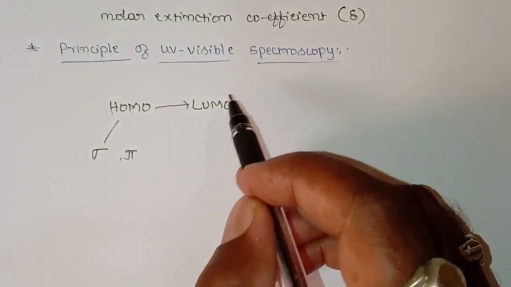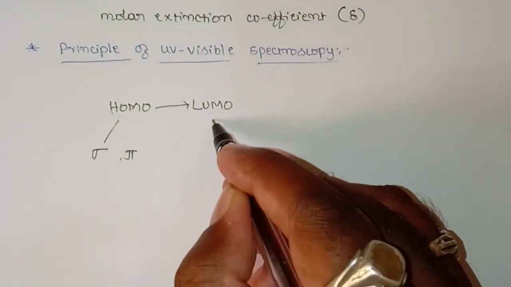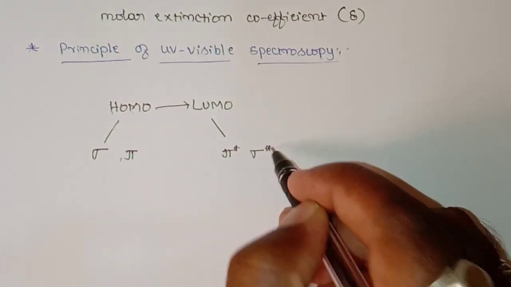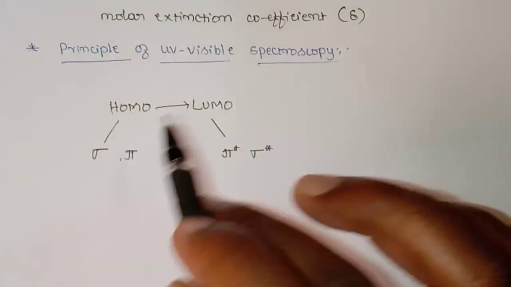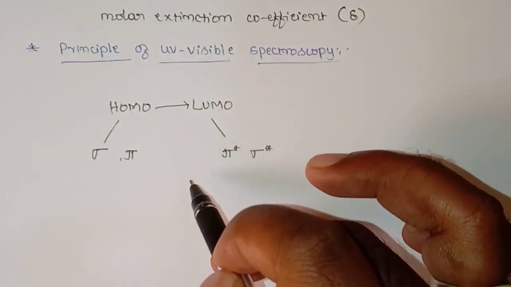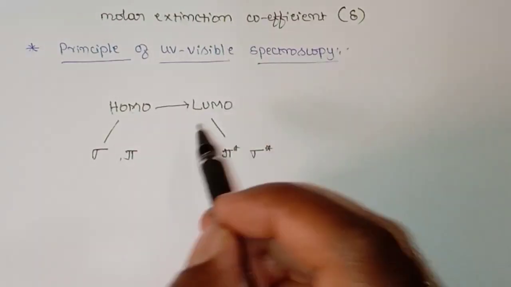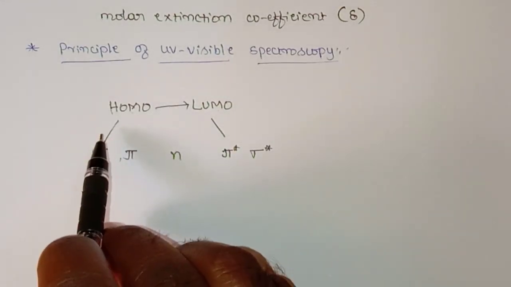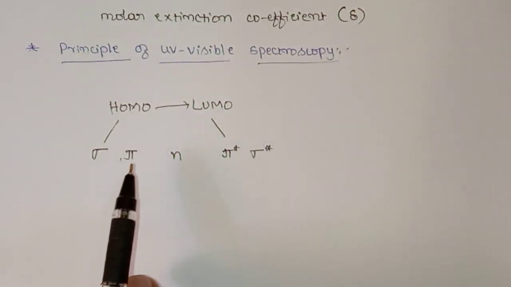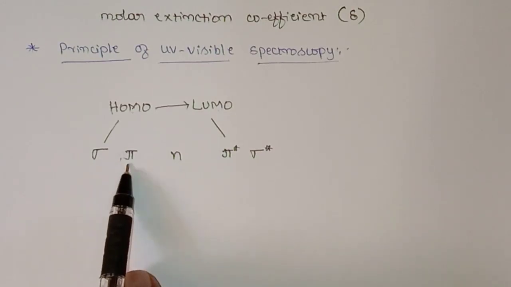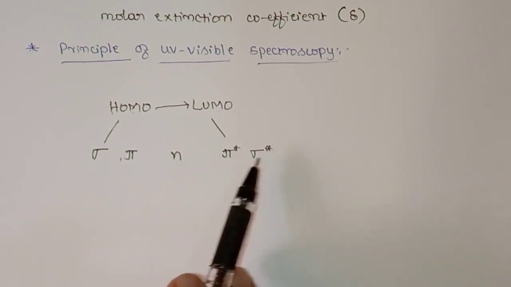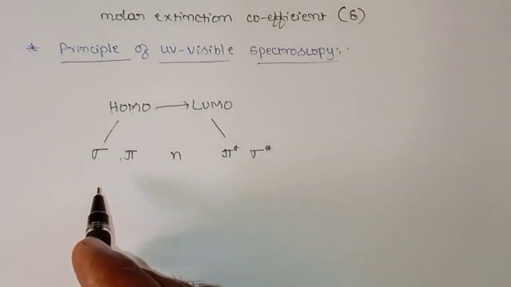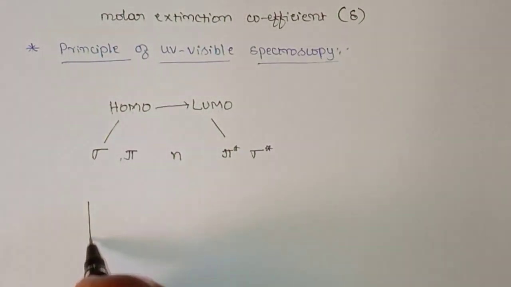In the lowest unoccupied molecular orbitals you will have pi star and sigma star. Along with sigma and pi, a molecule also has a non-bonding molecular orbital. So as a whole, a molecule has sigma, pi, n, pi star and sigma star molecular orbitals. We can show that using a simple molecular diagram.